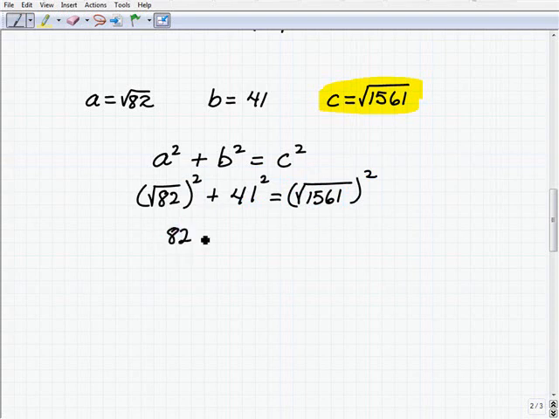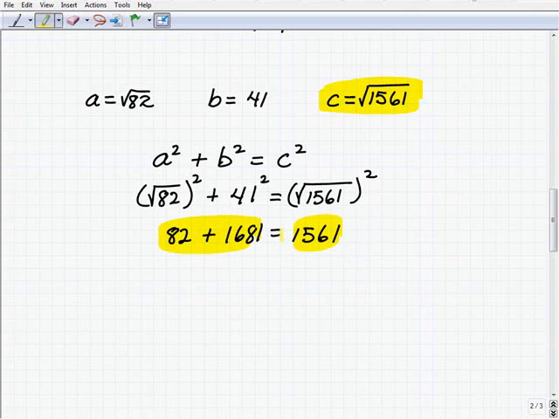Okay, so we have 82 plus 41 squared, which is 1681, and is that equal to 1561? Okay, well clearly it's not, because when you add these two up, it's going to be much longer than this side here.